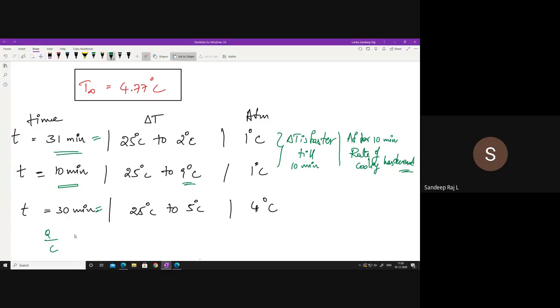The temperature drop is different. See, the temperature drop is significantly influenced by the atmosphere temperature. Okay, it cannot go beyond the atmosphere temperature. Since it is 1 degree centigrade here, it has come till 2 degrees centigrade here. Since it is 4 degrees centigrade here, here it came till 5 degrees centigrade.